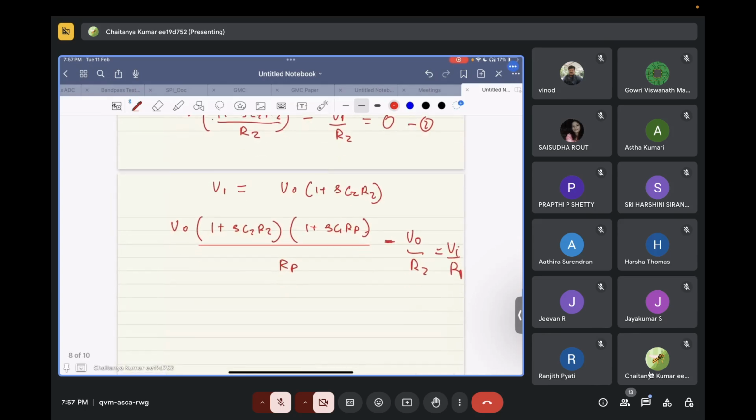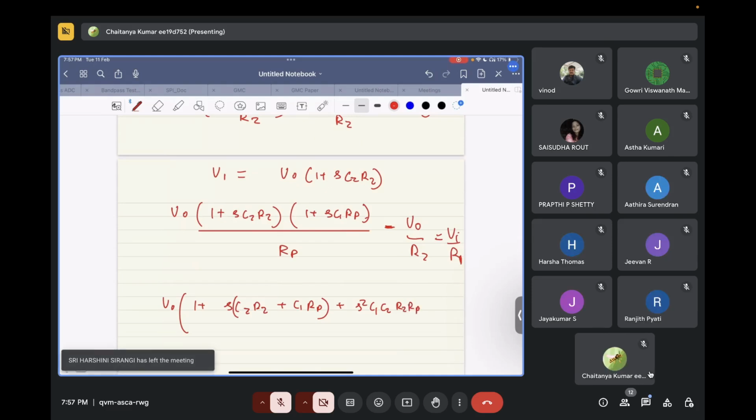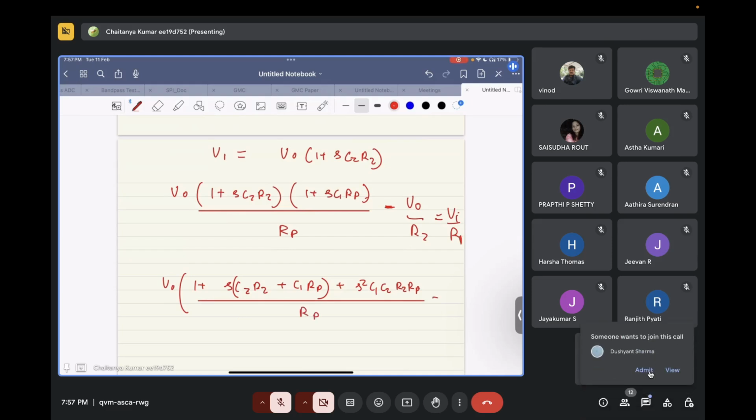Okay, so if you expand this, what you get is (1 plus s(C2R2 plus C1RP) plus s squared C1C2R2RP) divided by RP, minus 1 by R2, is equal to Vi by R1.